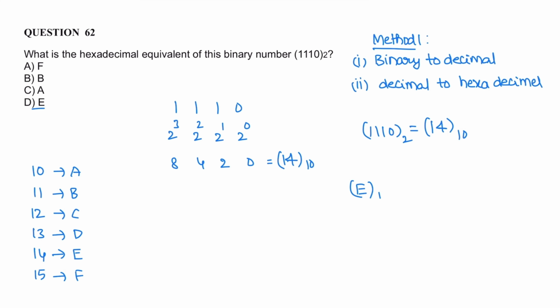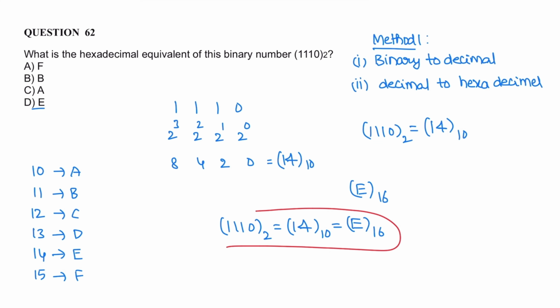Therefore 1110 base 2 is equal to 14 base 10, which is equal to E base 16. So this is the correct answer. This is the first method: converting binary number to decimal number and then converting decimal to hexadecimal.